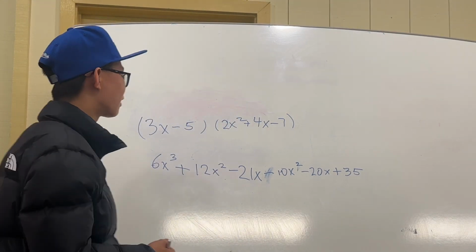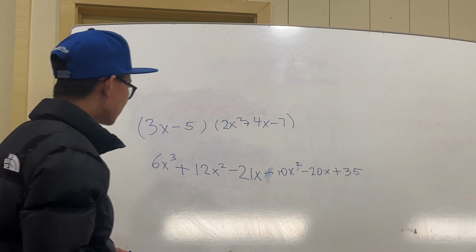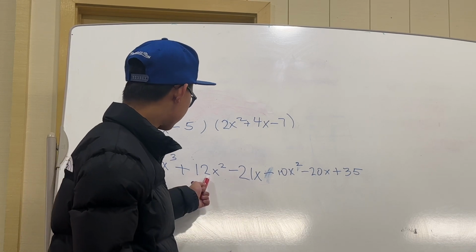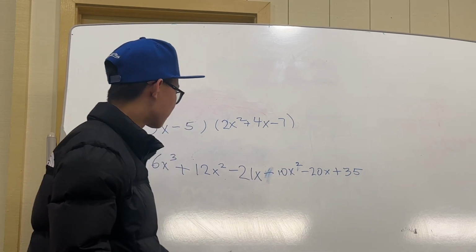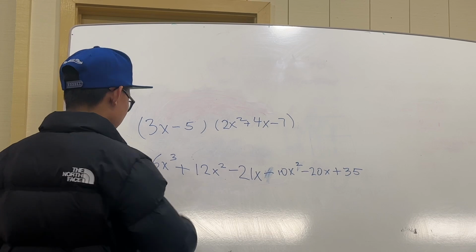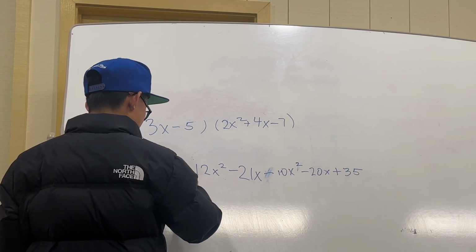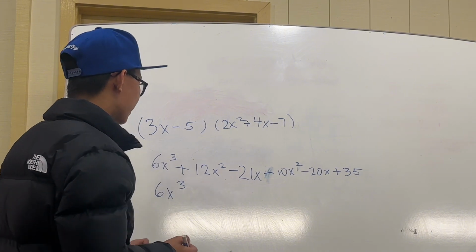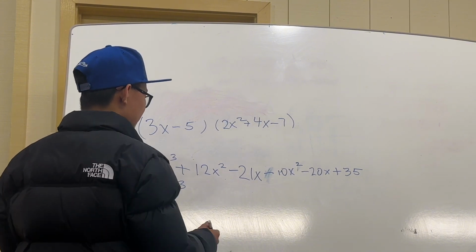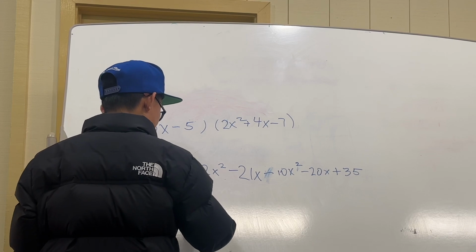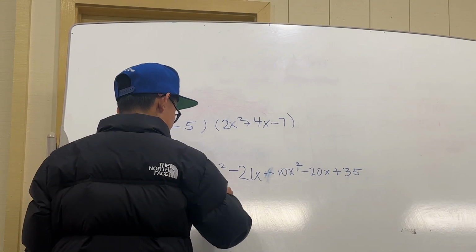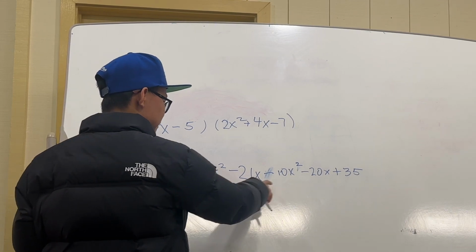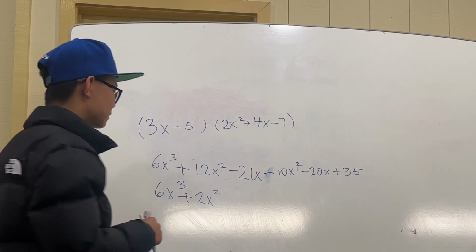That is super long, and we do not want this to be very long, so we can combine like terms. The 12x squared and the 10x squared we can combine. We have 6x cubed, and 12x squared minus 10x squared is plus 2x squared. Then we also have the 21x and 20x.